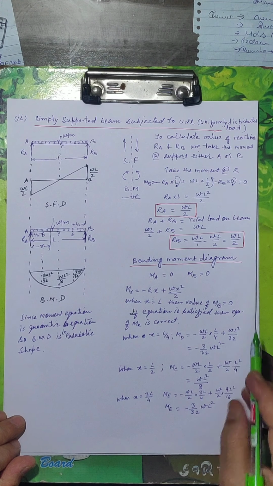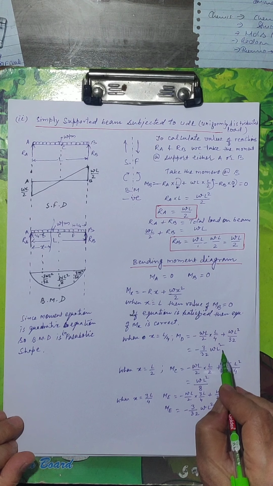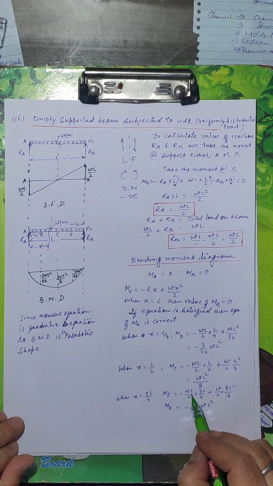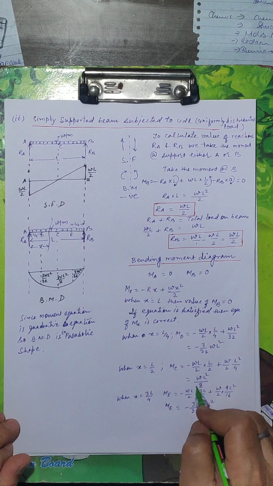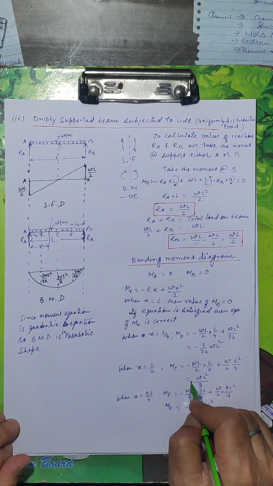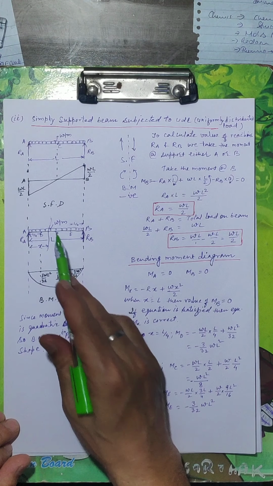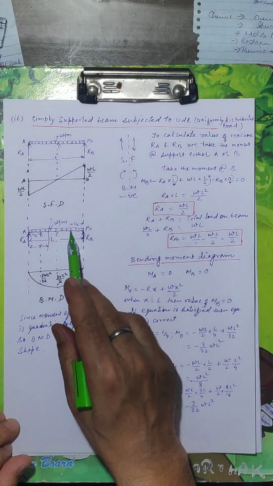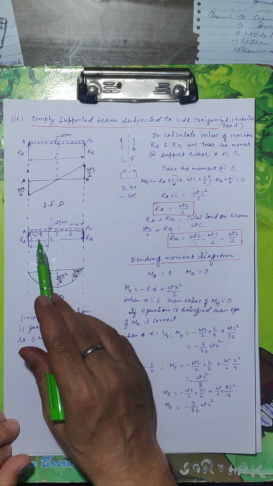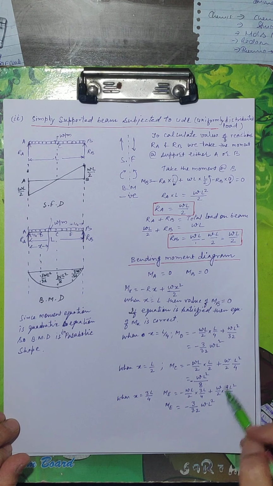So final value, what is final value? Minus 3/32 WL². This will be negative. Moment at C at the center, WL²/8. At E, from a distance 3L/4 from support A, it would be equal to minus 3/32 WL².